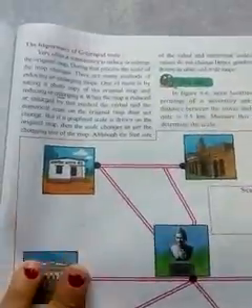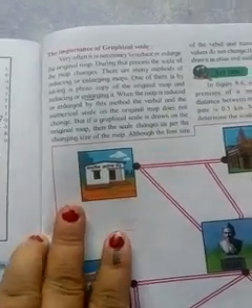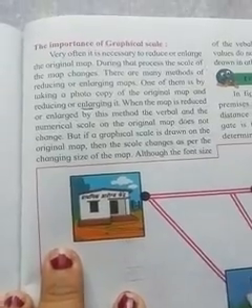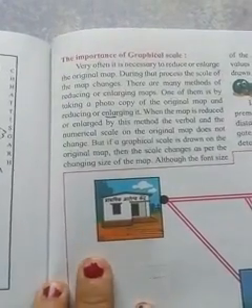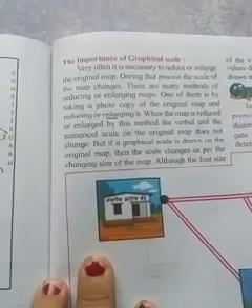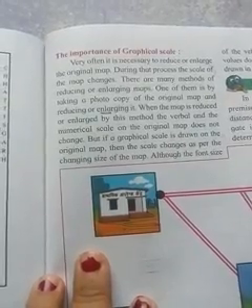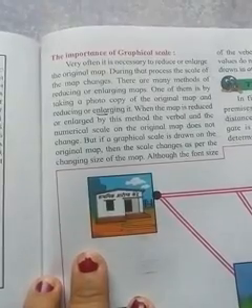Here is the next point: the importance of graphical scale. What is the importance of the graphical scale? Very often it is necessary to reduce or enlarge the original map. During this process, the scale of the map changes. There are many methods of reducing and enlarging a map.